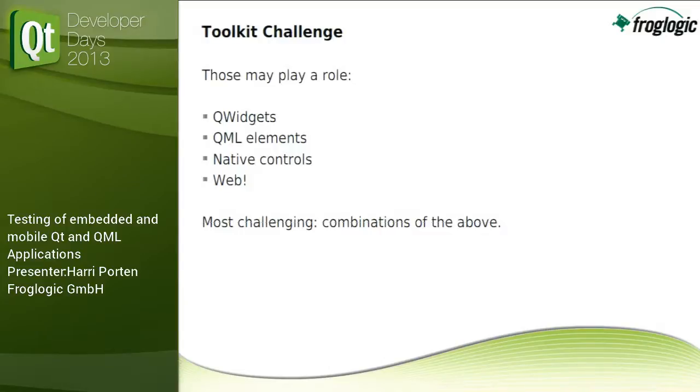Then what makes it tricky, sometimes native controls are embedded, especially, let's say, on Windows. This comes up pretty often, that some third-party COM component is embedded. On the Mac, you'll have the native Mac menu bar, and of course, iOS and Android and all those systems have all their specialities to it, and it's not always necessarily purely Qt. That's also something to consider.